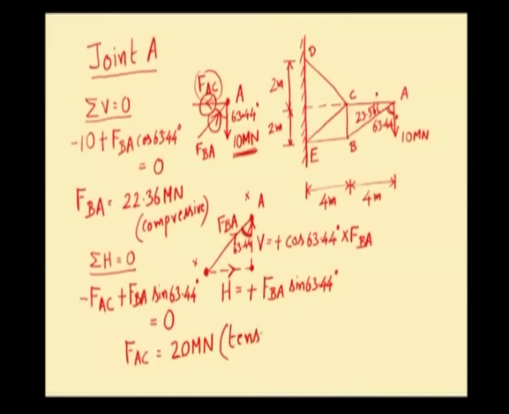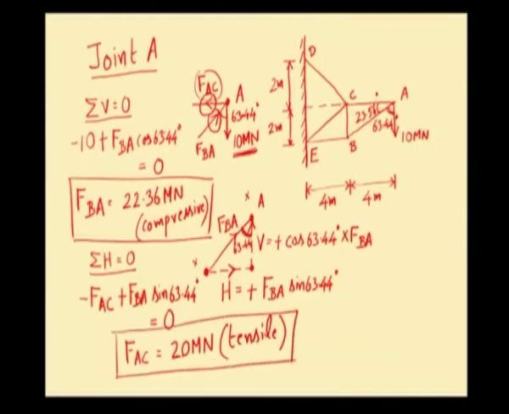So, FAC will be 20 meganewton tensile. So, by considering joint A, we have found out two unknown member forces, which are FBA, which is 22.36 meganewton compressive, and FAC, which is 20 meganewton tensile.